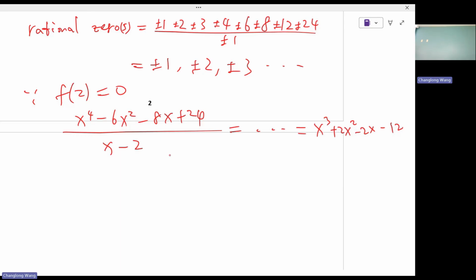You hope to get to degree 2 so that you can always factor it. So try another round. That means you're going to start guessing what might be the rational zero for this guy, and divide out to see if we can reach a lower degree polynomial.